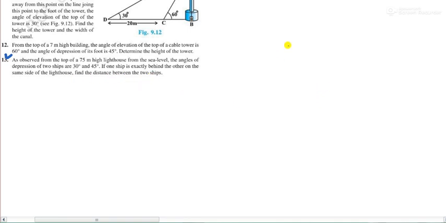So there was a lighthouse, for example, if you take this is the lighthouse. Okay, this is the top of the lighthouse, observed from 75 meter, and its height is 75 meter from the sea level. The angles of depression of two ships are 30 and 45 degree.